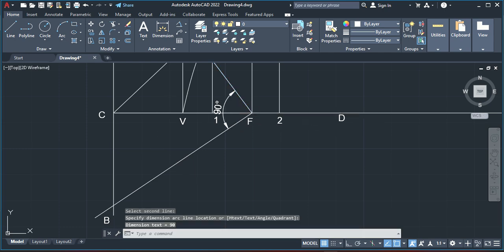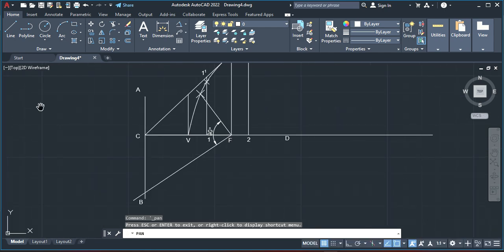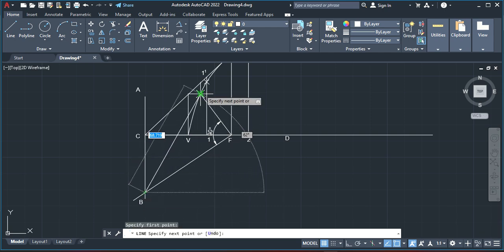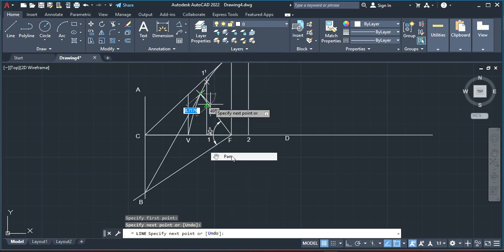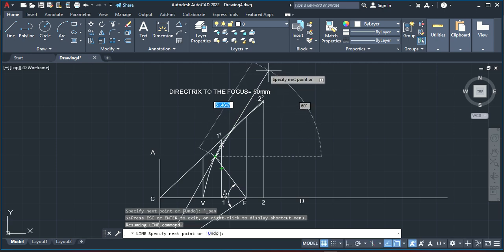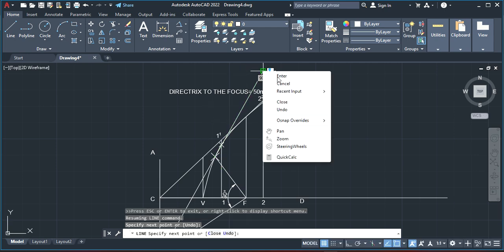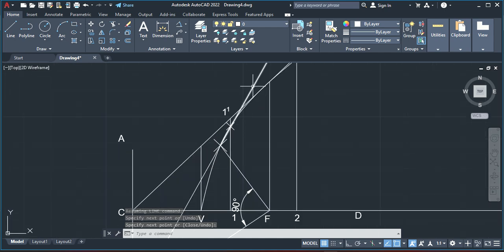Okay, so now from this point to this, make a line, and continue so that the line is passing through the curve.